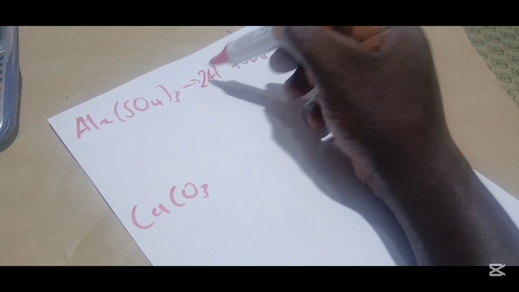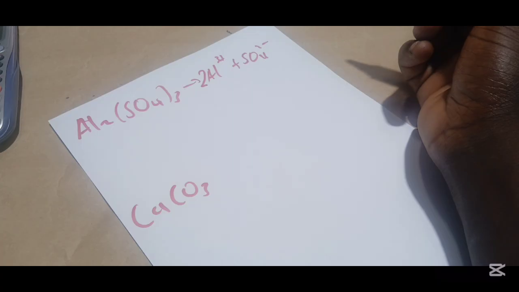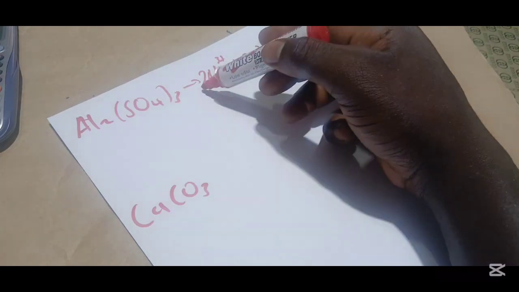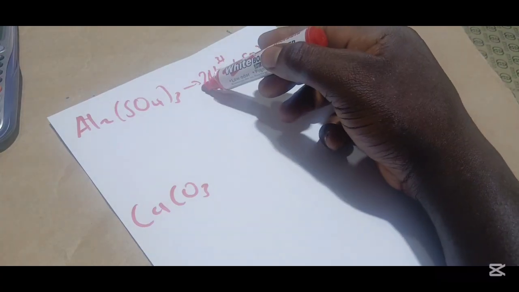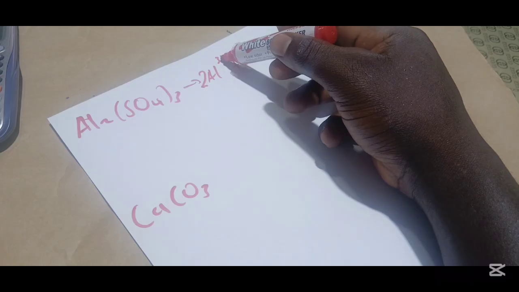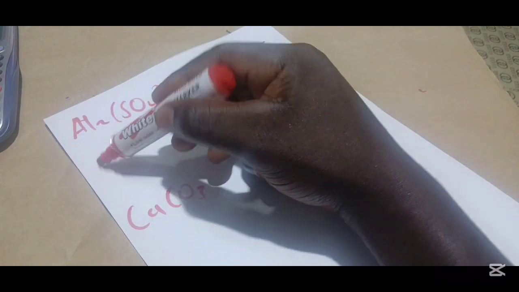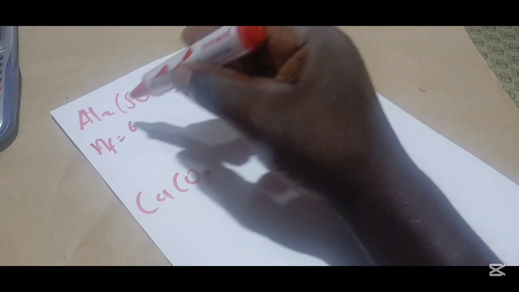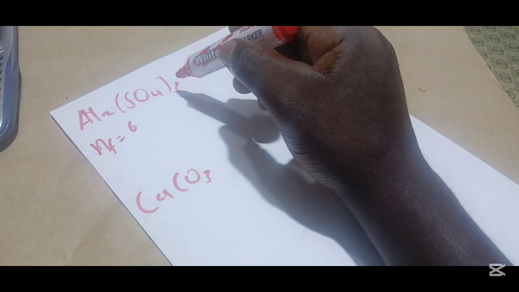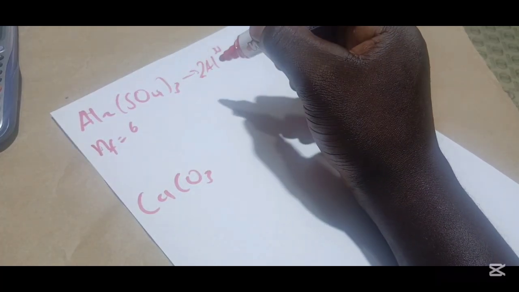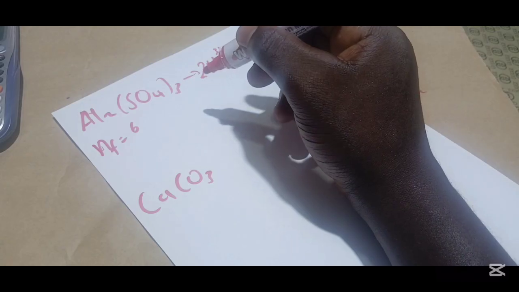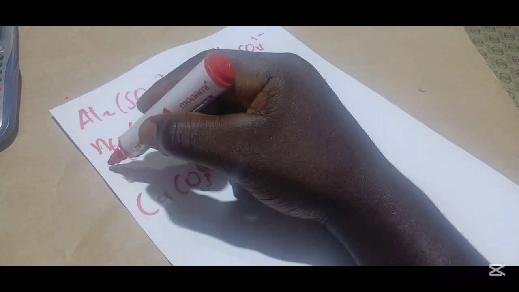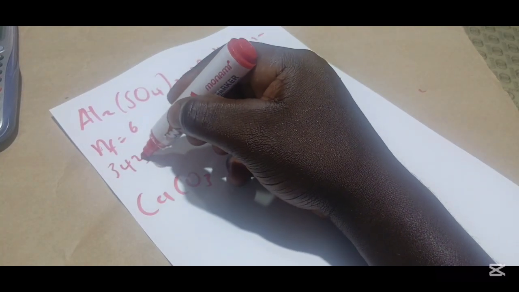So we just have to put 2 here. So now what is our N factor going to be? This will affect our N factor. So we are going to multiply this by the charge on the cation, which is 6. So our N factor here is actually 6. So the molecular weight of Al2(SO4)3 is 342. So the molecular weight is 342 grams per mole, right?